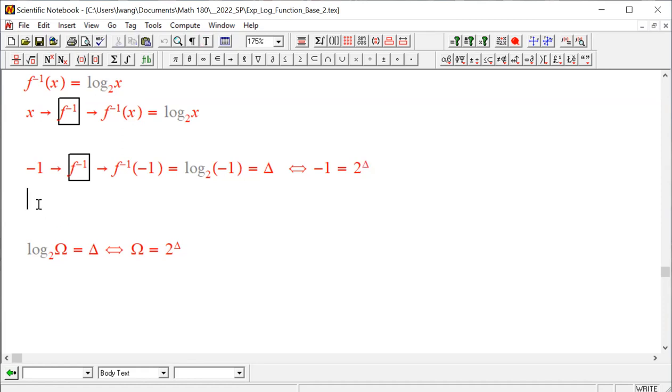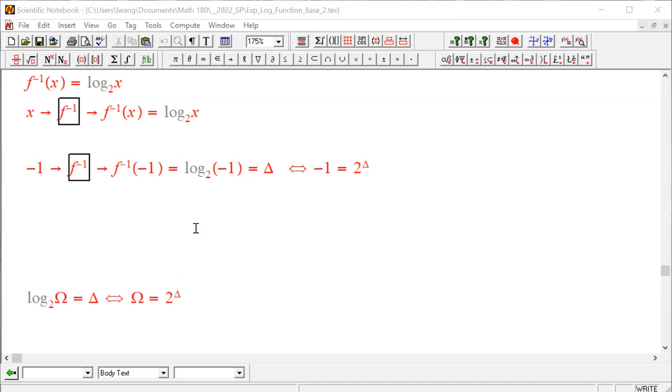In our earlier discussion, we know that 2 to the power x is greater than 0 for any x in the domain from negative infinity to positive infinity.